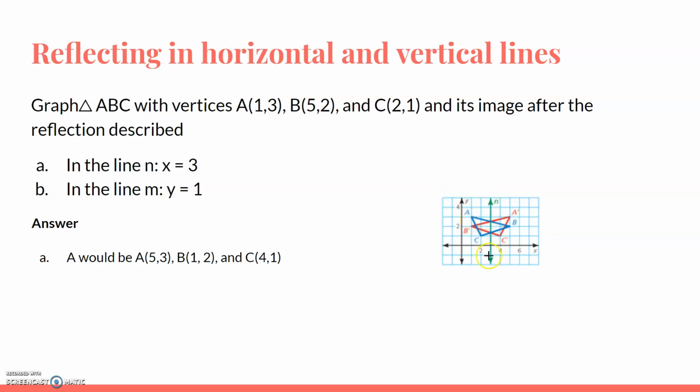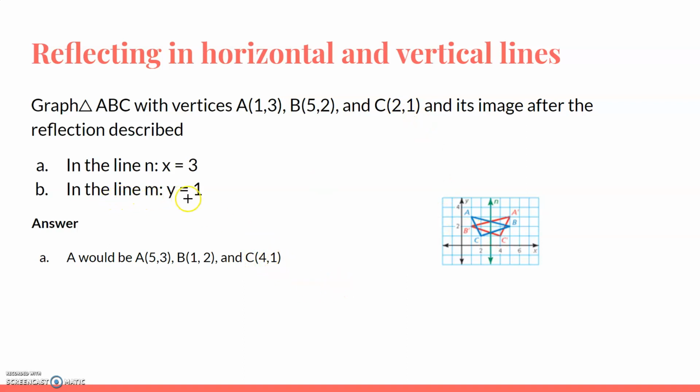How many units to the line? 2, so it's going to be another 2 units, so 4 units in total, which gives us (5, 3). B was all the way over here. B was (5, 2), so subtract 4, which gives us (1, 2). And C (2, 1) is just 2 units away, so add 2, so C' (4, 1).